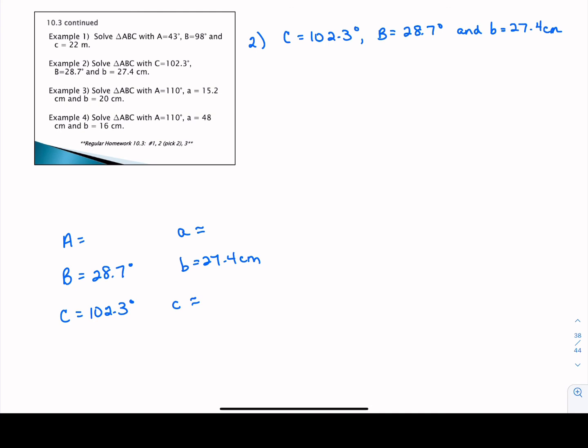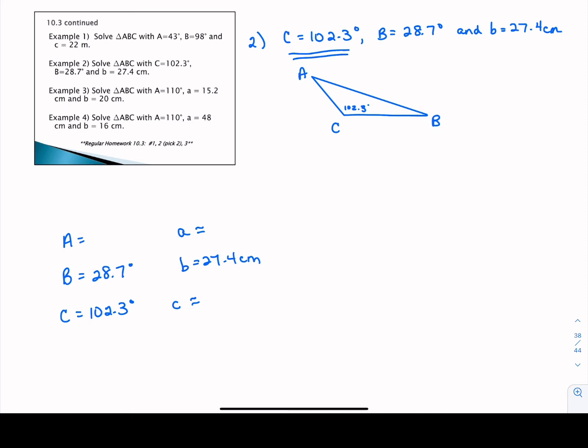So from here, we also want to draw our triangle. Very rough sketch is all we need. Now, we recognize right away that this is another obtuse triangle, so we want to make sure that we draw that obtuse angle, something measuring greater than 90 degrees here. So if that's angle C and it measures 102.3 degrees, then we can label A and B as well.